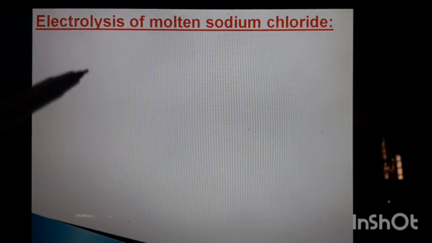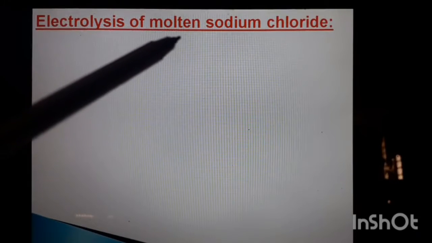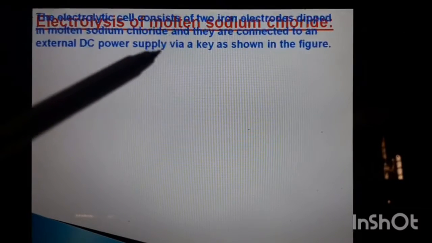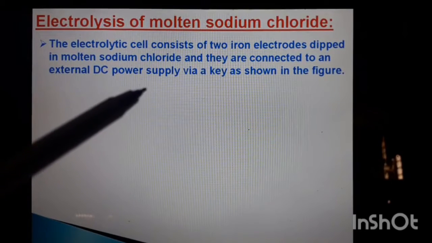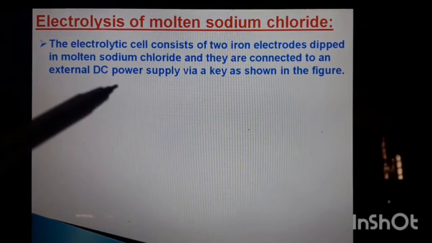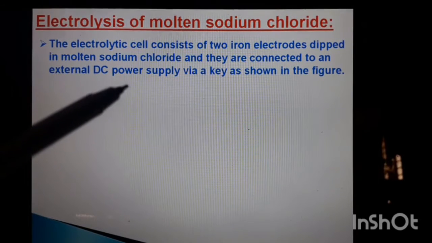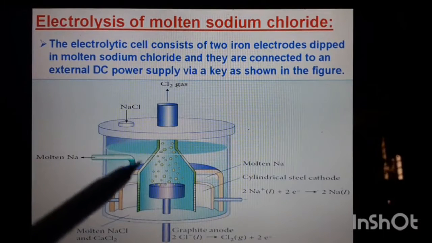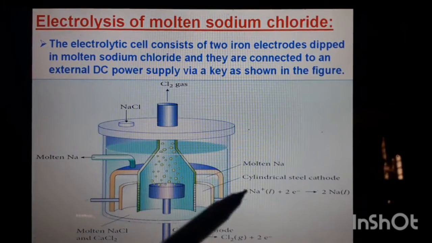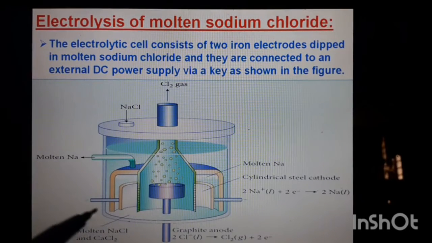Now electrolysis of molten sodium chloride. The electrolytic cell consists of 2 iron electrodes dipped in molten sodium chloride. See this picture, the iron electrodes 1 and 2. The 2 iron electrodes, steel electrodes, are dipped into the molten sodium chloride.